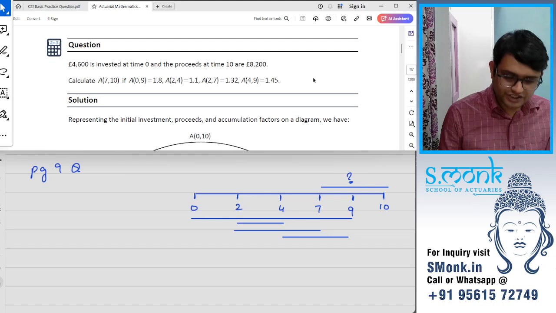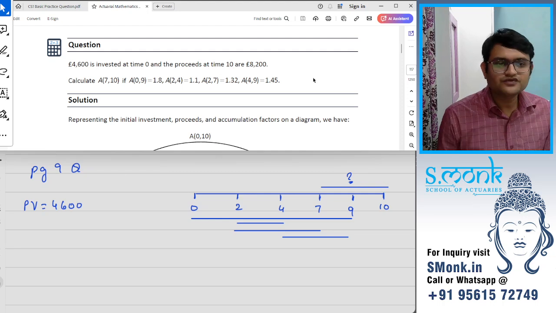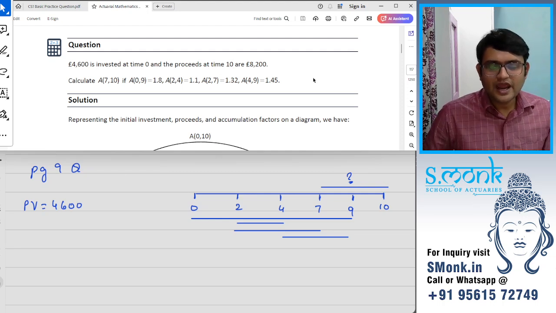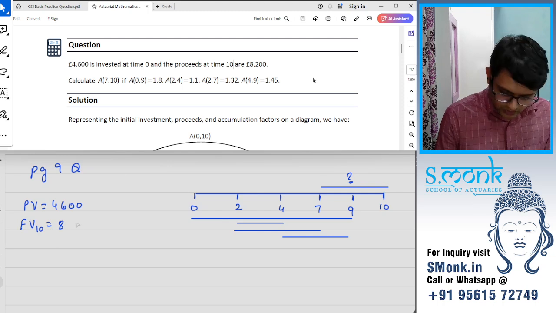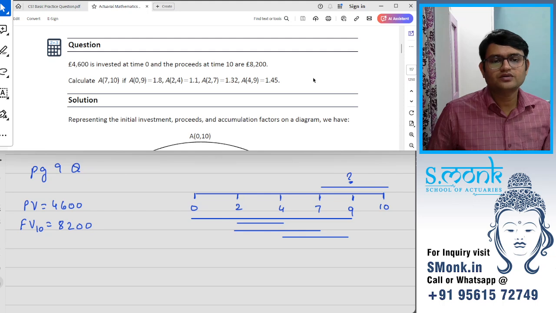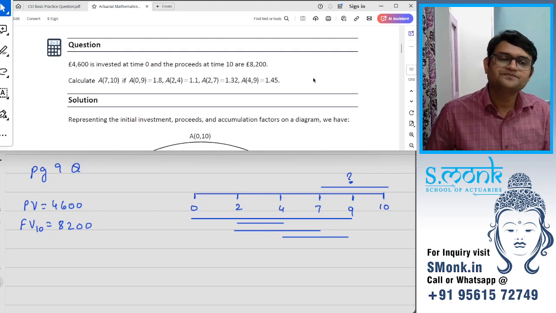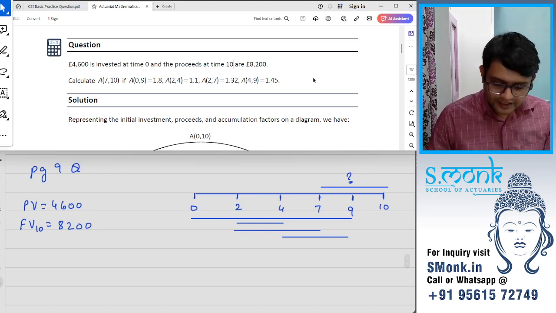So from the first statement, I can say that the present value must be this 4,600 that was invested at time 0 and proceeds at time 10. That means future value at time 10 is 8,200. And because the question just has the accumulation factors, we are not worried about the interest rates.